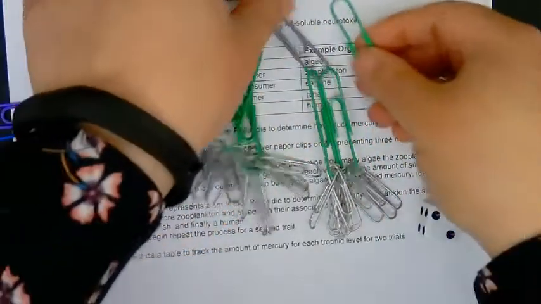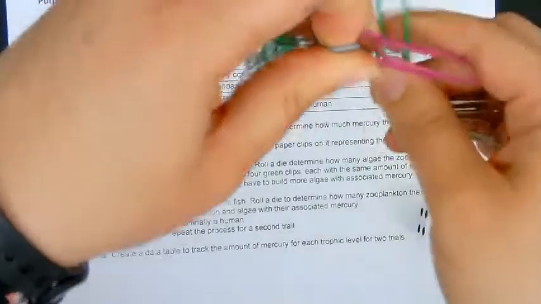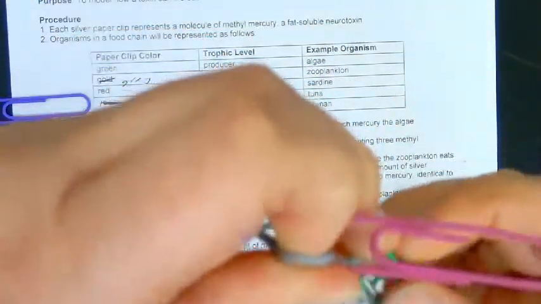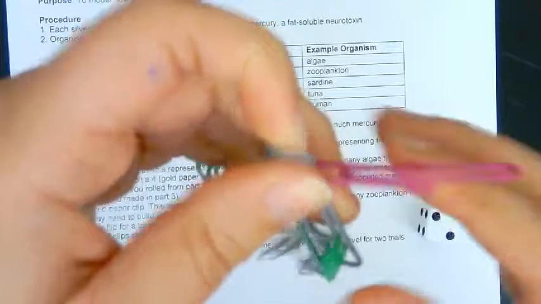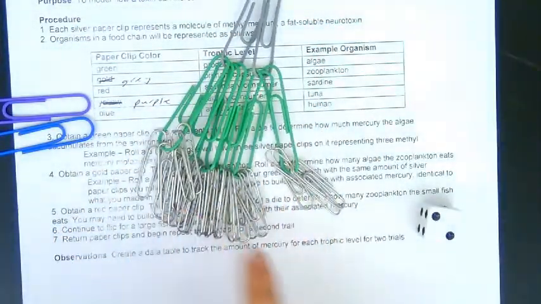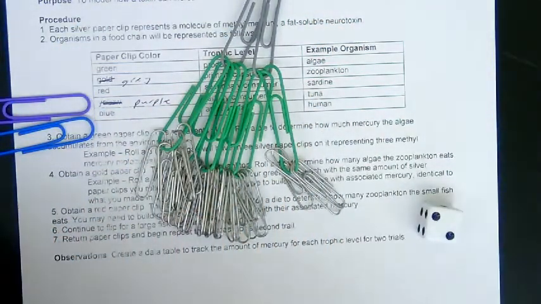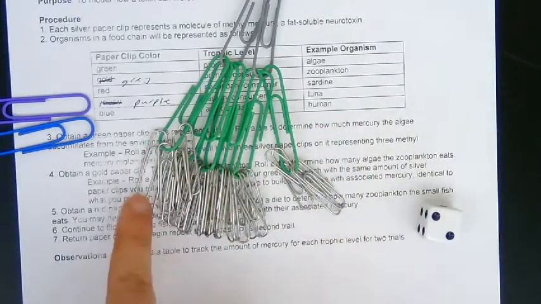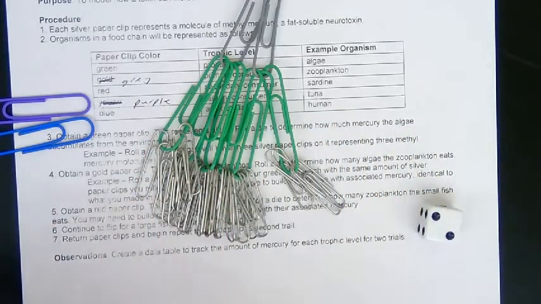So you can see now my sardine at my secondary consumer level is going to be ingesting all of this mercury at the bottom here. So it's ingesting 4 times 4, twice.